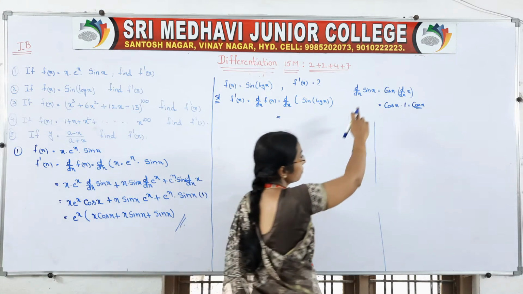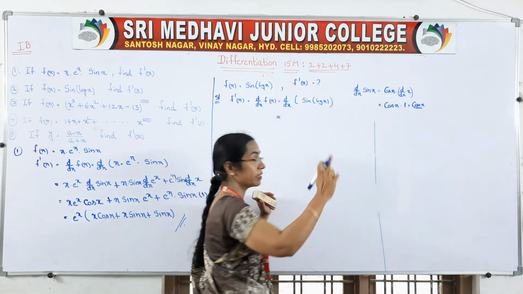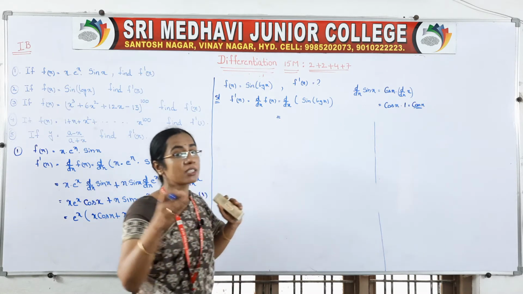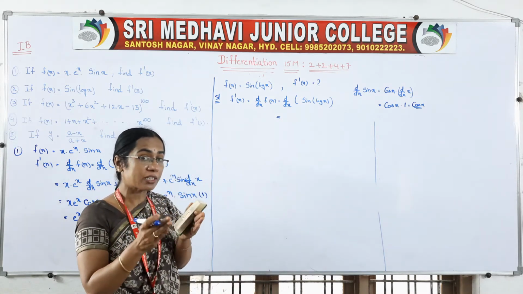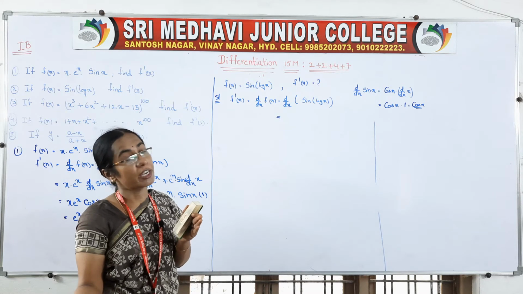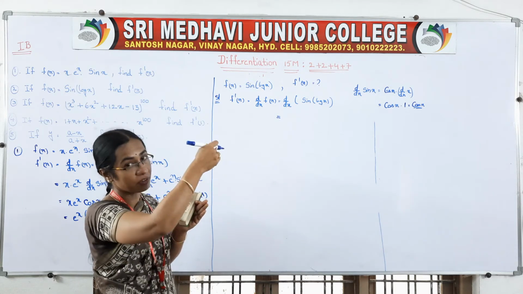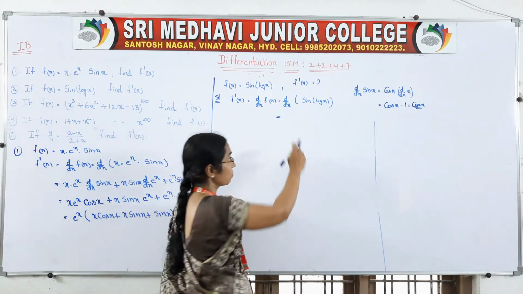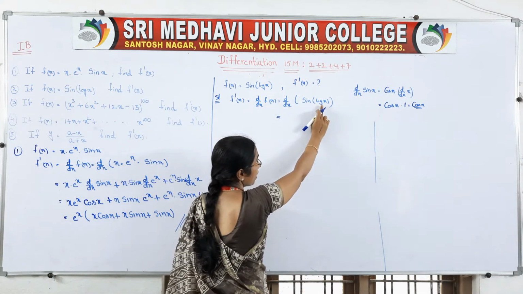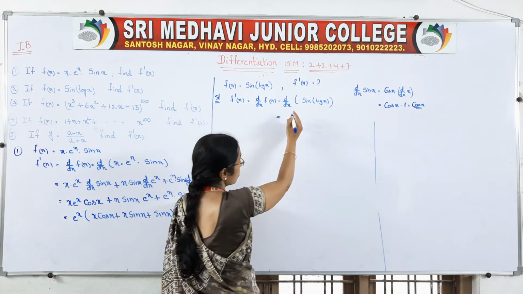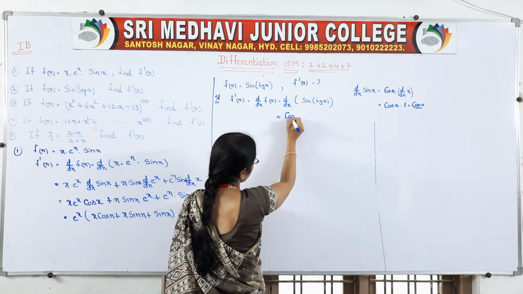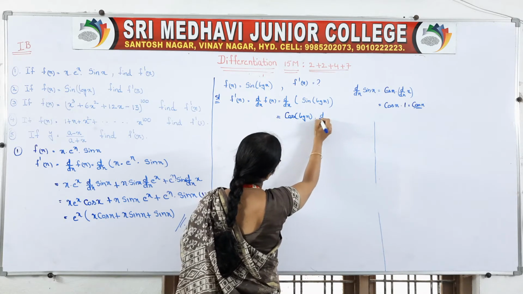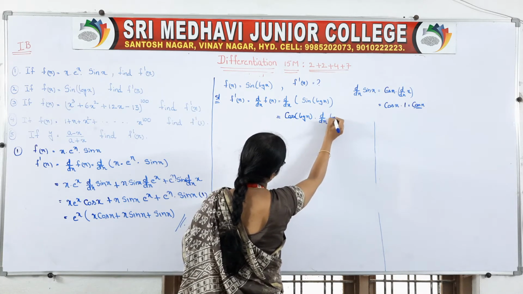Instead of x we can have any other variable. In our present question, our variable is log x. So it is cos of log x into d by dx of that variable.